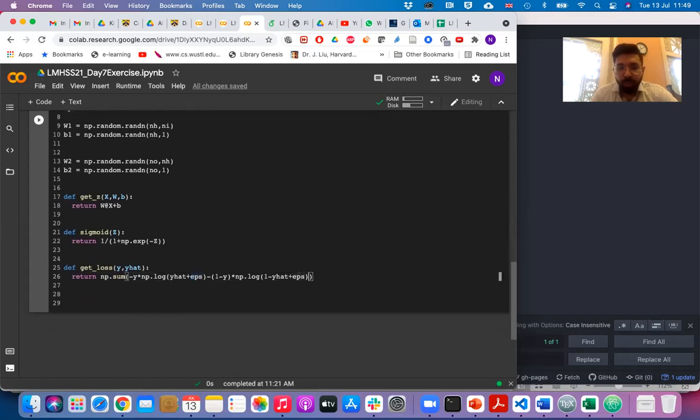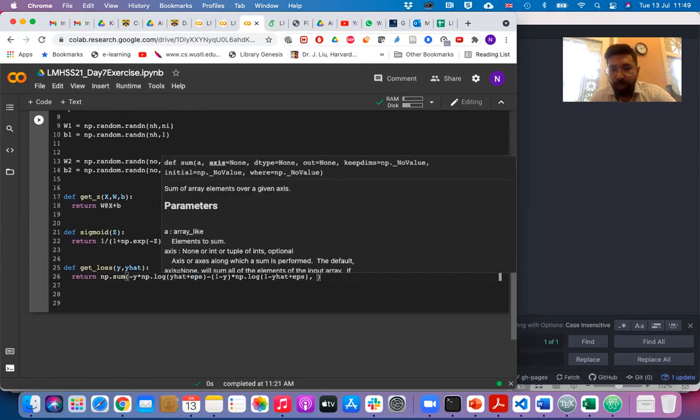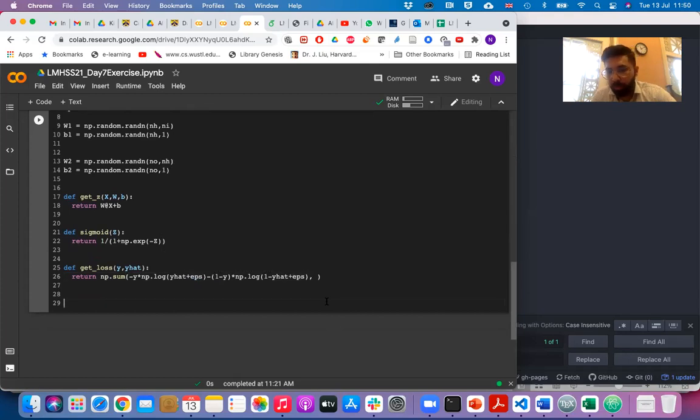And which axis should I add along? I want to add the loss for each data item. Data elements are present in different columns. So should I add along rows or along columns? My data is in columns. The size of y is 1 times 200.